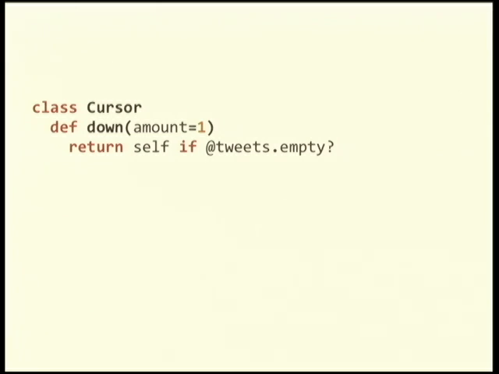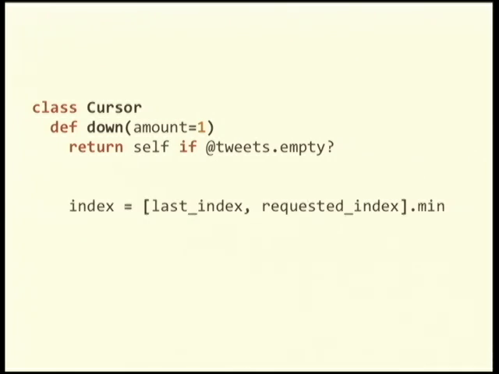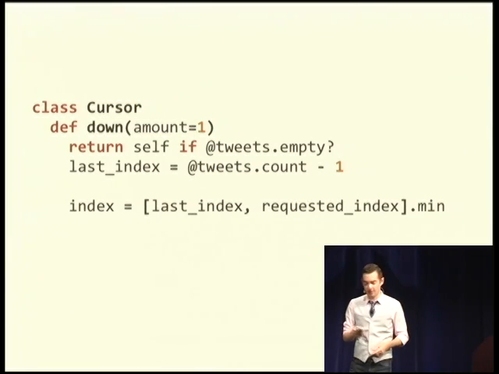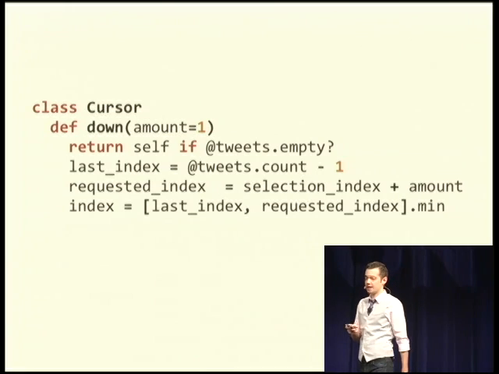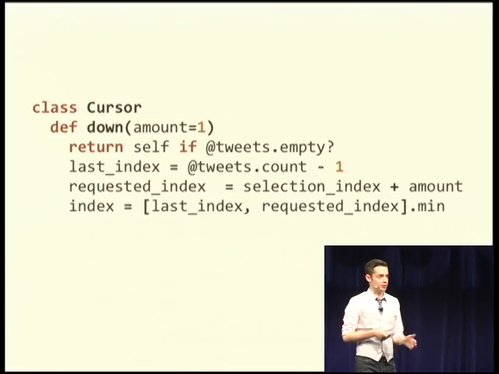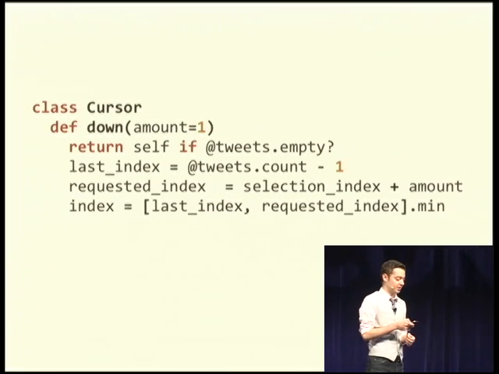Yes, there's a postfixed if, it's Ruby. If we've passed through that guard, then we need to decide where we're jumping to in the tweet list. So we're either going to go to the last index in the array of tweets, or we're going to go to wherever the user said he wanted to go, whichever one is less. So we don't want to go off the end of the tweets, is what this is saying. The last index is the count minus 1, unsurprisingly, and the requested index is wherever we started at, the selection index plus whatever amount the user requested to go down.